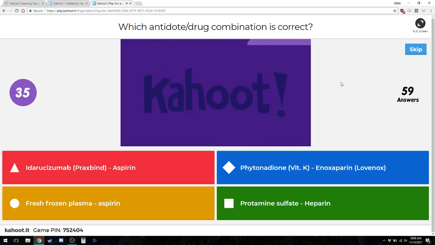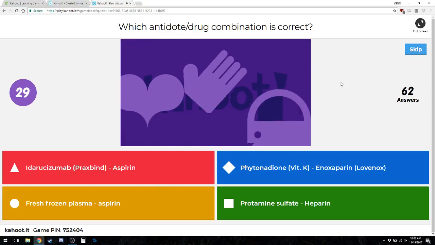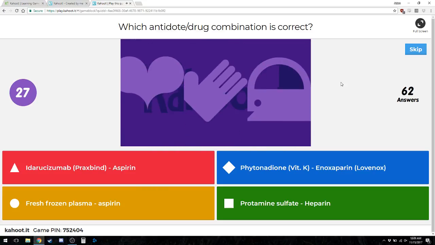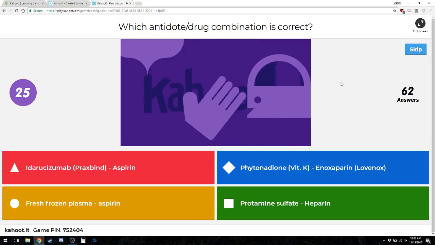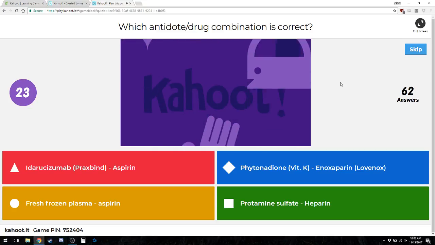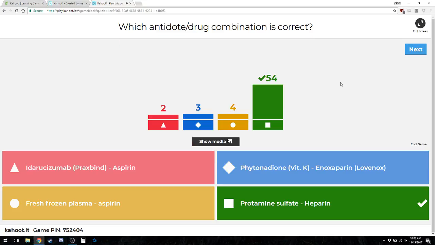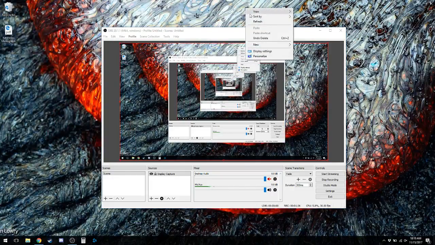This is also a test of your visual acuity. So who can't read that from the back? Several individuals. Hold on, let me try something.